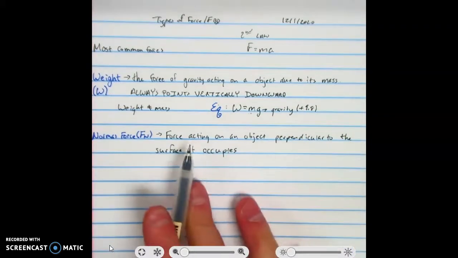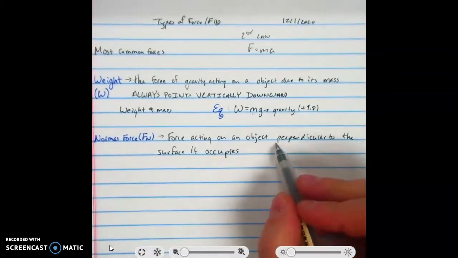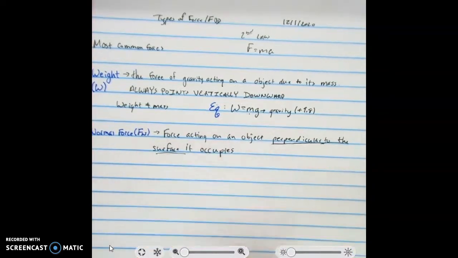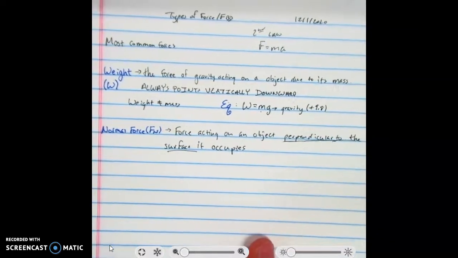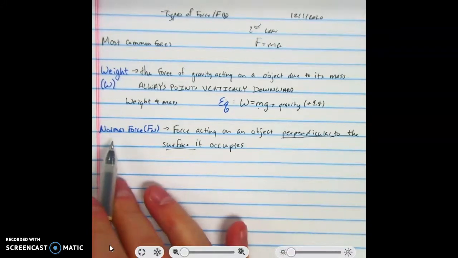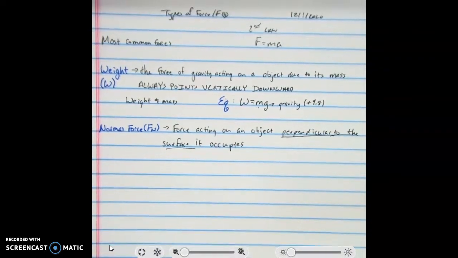Please, please, please remember this whole perpendicular to the surface. That's really, really important. Perpendicular, remember, creates the 90 degrees, 90 degrees to the surface. Hence the word normal. That's our mathy word for saying perpendicular, 90 degrees, and all that kind of stuff.